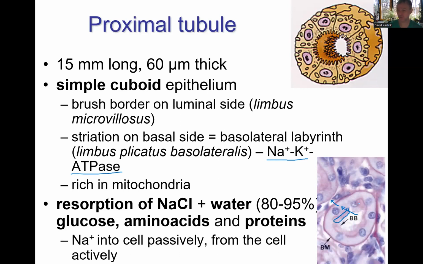So it takes sodium on the luminal side passively in, and this cotransporter takes not only sodium but also glucose or amino acids. So it's a very, very clever system. The cells have to be rich in mitochondria, so they are quite large, and their cytoplasm stain is more basophilic.